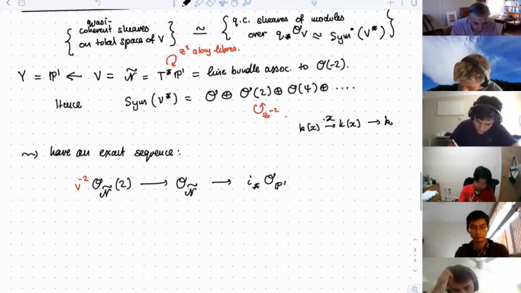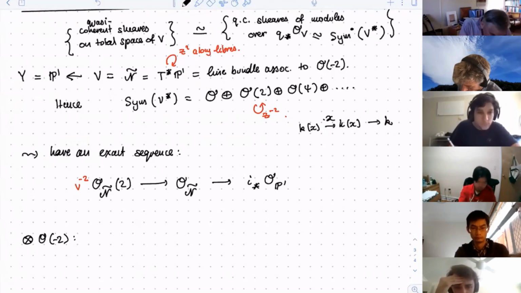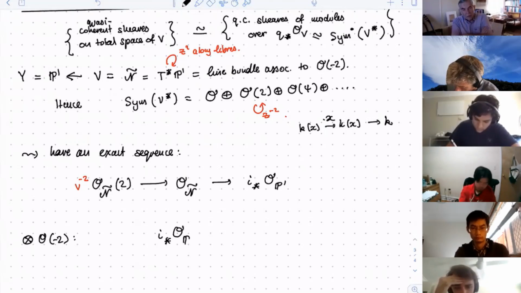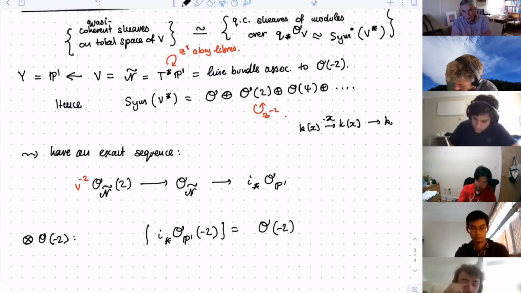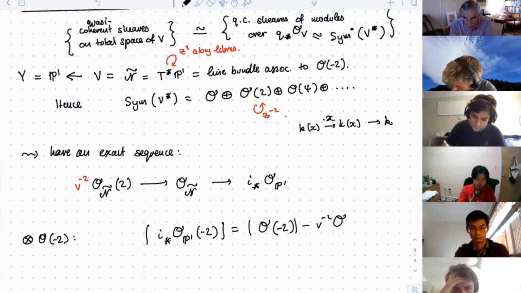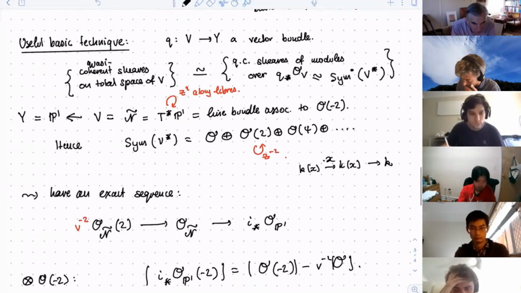And so this tells us, if we tensor product with O of -2, that in K theory, i lower star of O of P1, this class is simply O of -2 minus v^2 O.